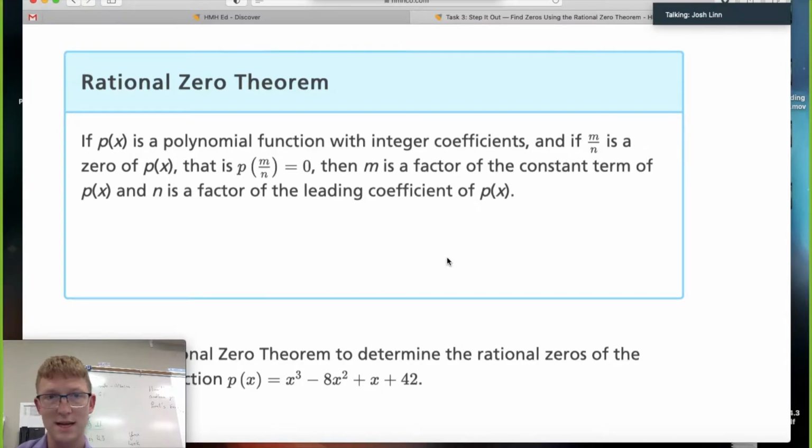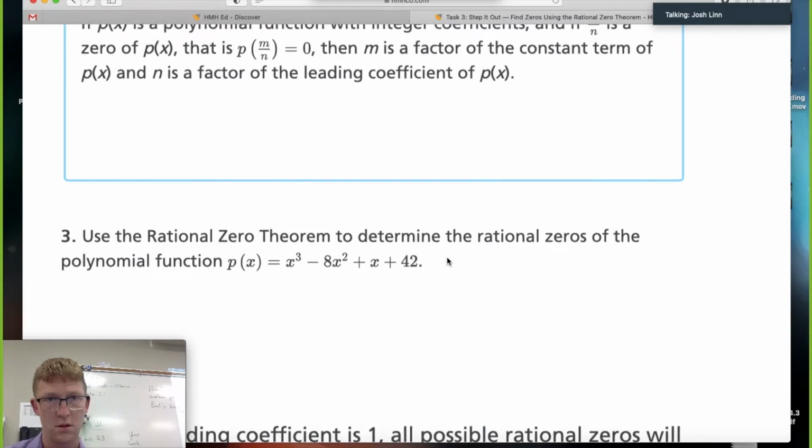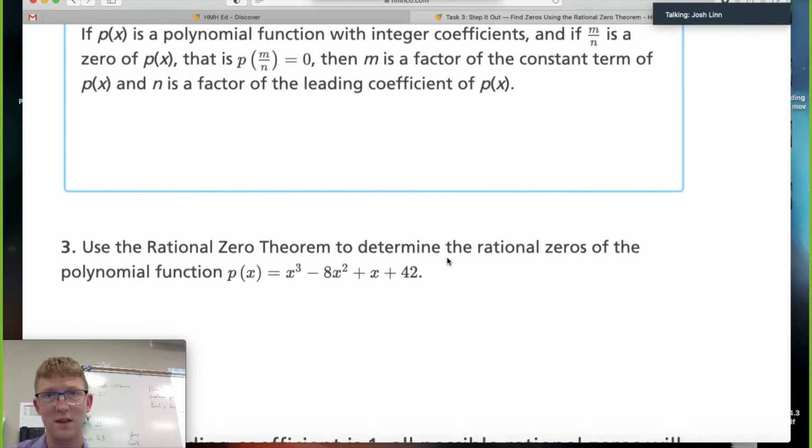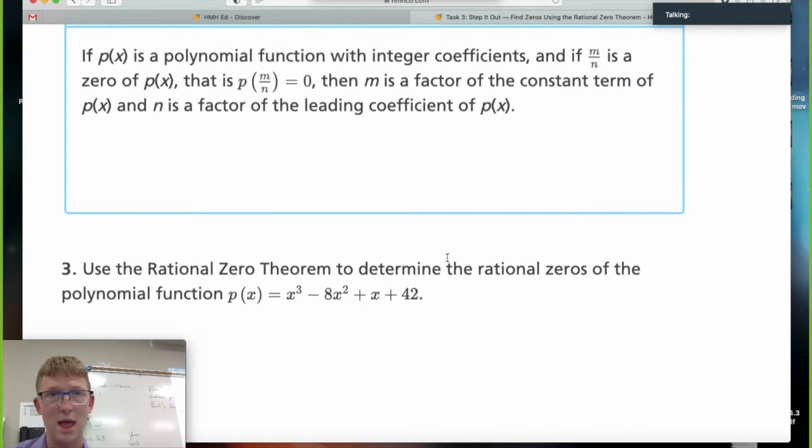So to break that down, when it says m over n is a zero, then m is a factor of the constant term. So here is our constant term. N, as in November, is a factor of the leading coefficient. Here's our leading coefficient. So let's try an example.